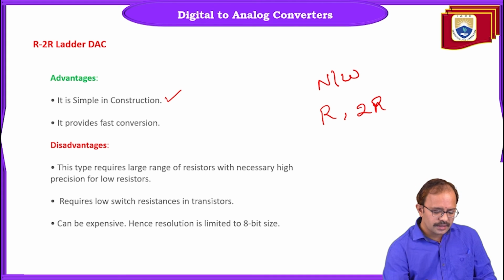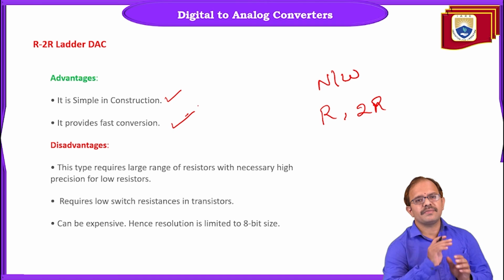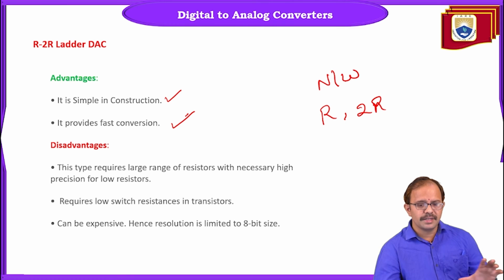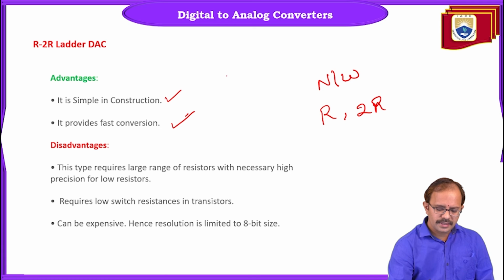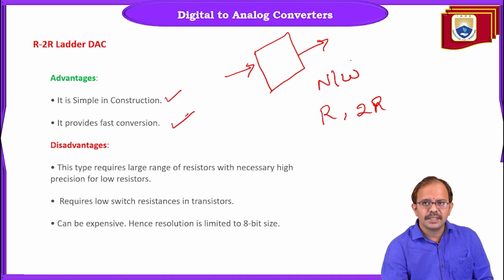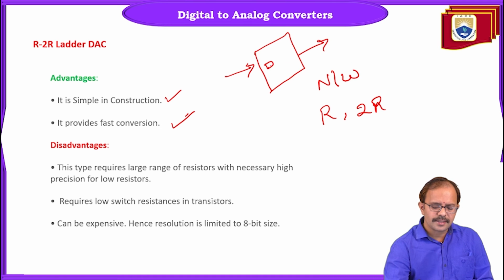design. Later we are going to discuss the specifications of these data converters, of which one important thing is speed of conversion. What is meant by the speed of conversion? We have an input coming to the DAC, this is my input digital data, and this is the output.